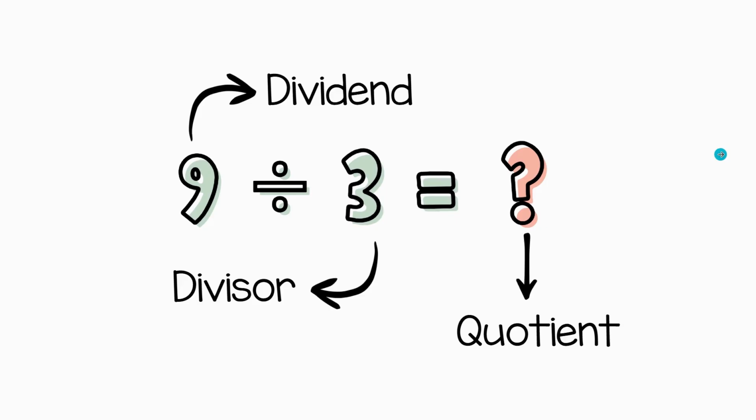9 divided by 3 equals question mark. Let's see if you can work through this one on your own. If 9 is our dividend, our total, and 3 is our divisor, which represents the number of groups, then what will be our quotient? I'll give you some time in order to solve this one on your own.